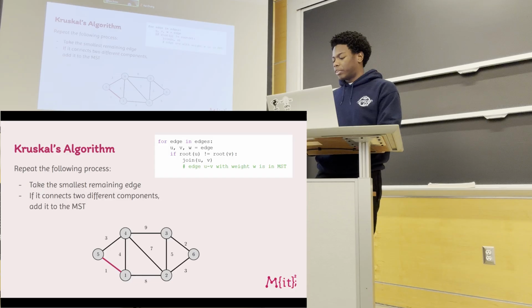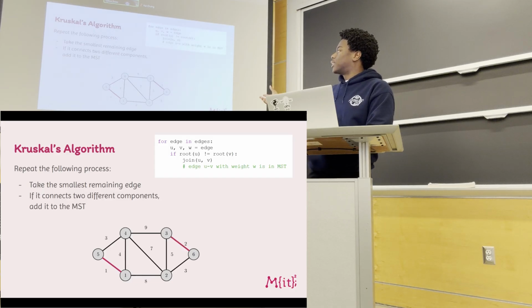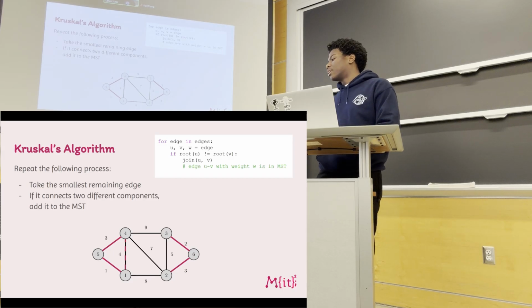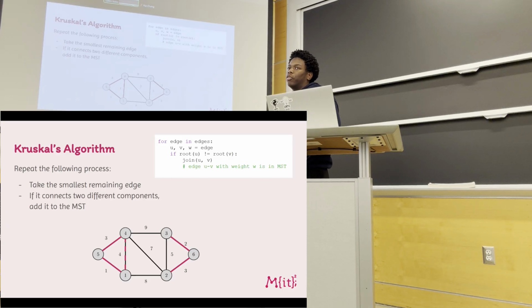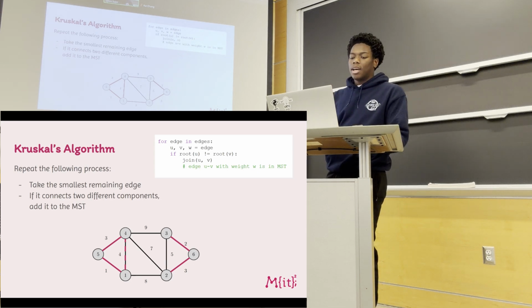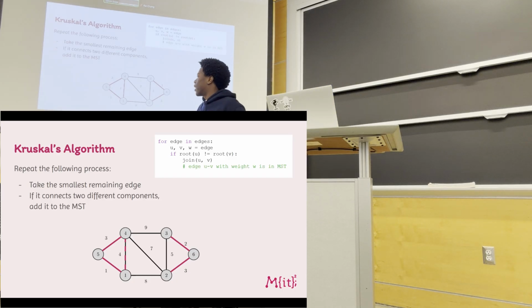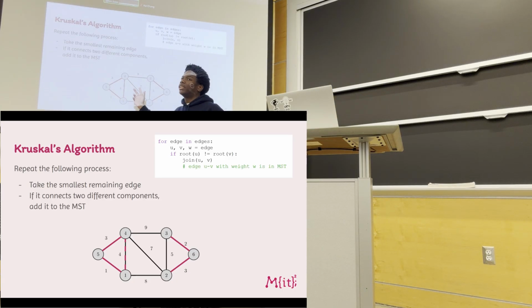And then we repeat this for the edge of weight 2 over here. Since 3 and 6 aren't connected by the tree, we just choose the edge of weight 2. We repeat this for the edges of weight 3 on the left and right side. And then we get these 2 components. And then we move on to edge 4, since that's the next smallest. However, we then ask, are 1 and 4 in the same component? As you can see, they're both connected by edges of weight 1 and 3, so they are.